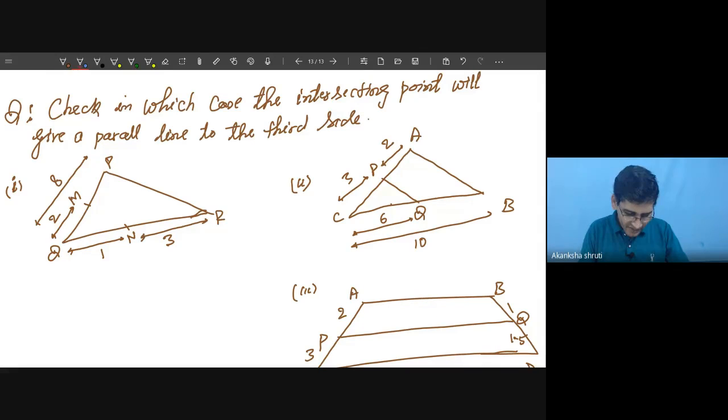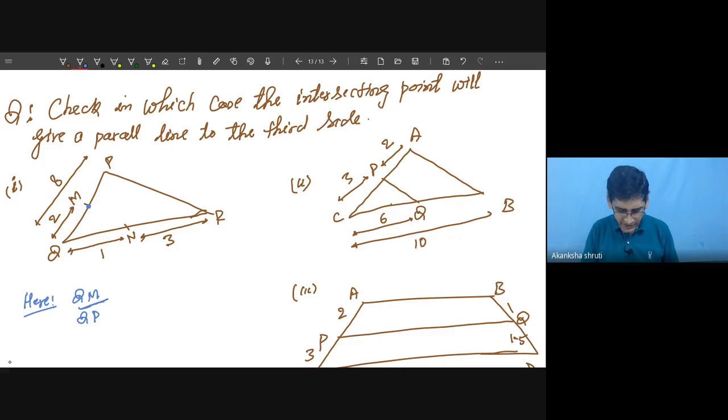See, for applying the condition, we have to consider QM by QP. So at least in one of the numerator or denominator, you must include this intersecting point M and make a ratio. You may include it in both numerator and denominator also, it is up to you.